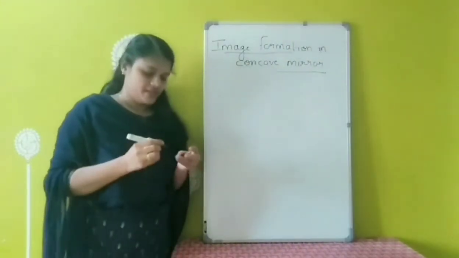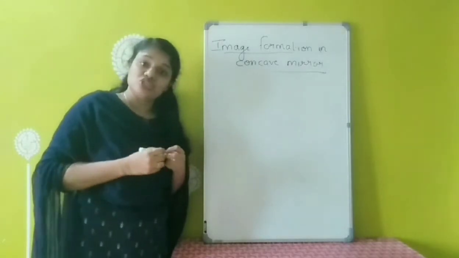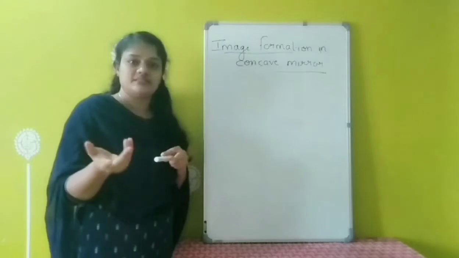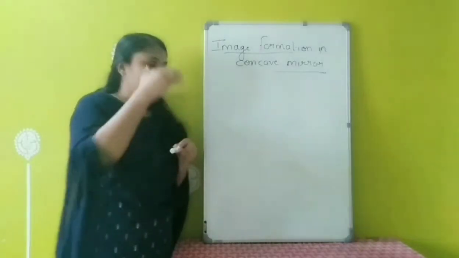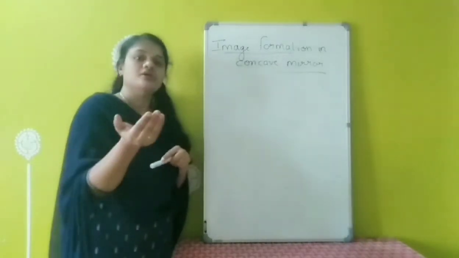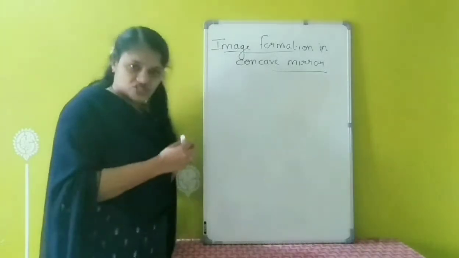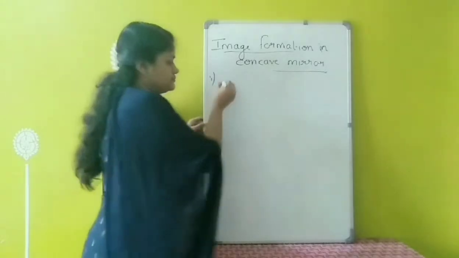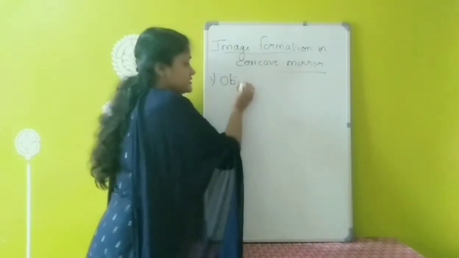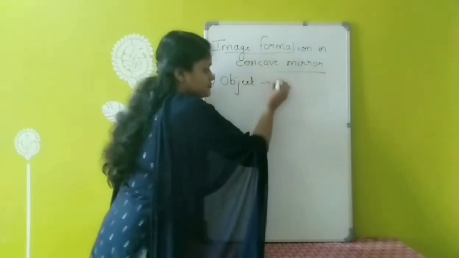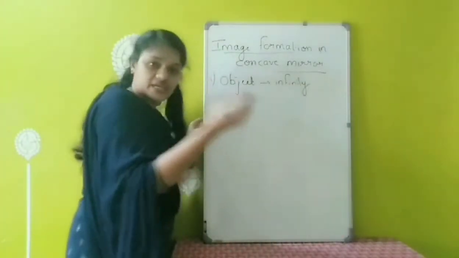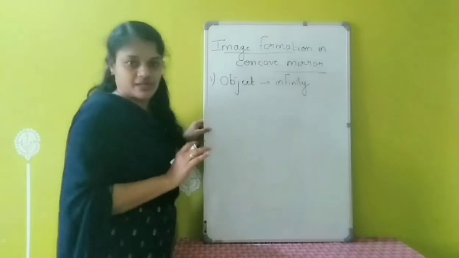I told you by changing the position of the object, we can change the size of the image as well as the nature of the image also. So at different positions of the object we have to find the image. So first one, when the object is at infinity, where are we getting the image in case of concave mirror, that we have to draw.